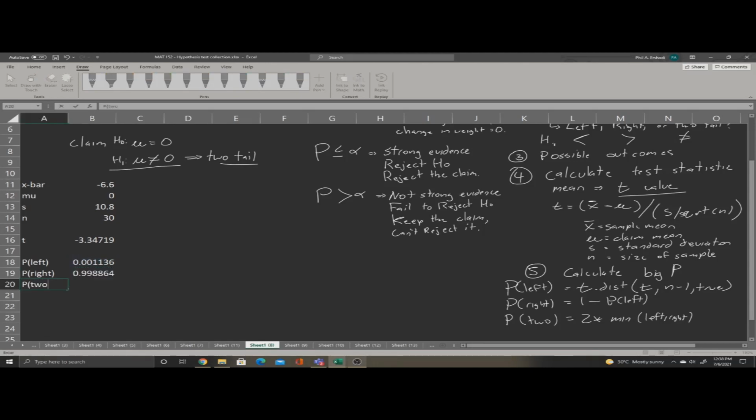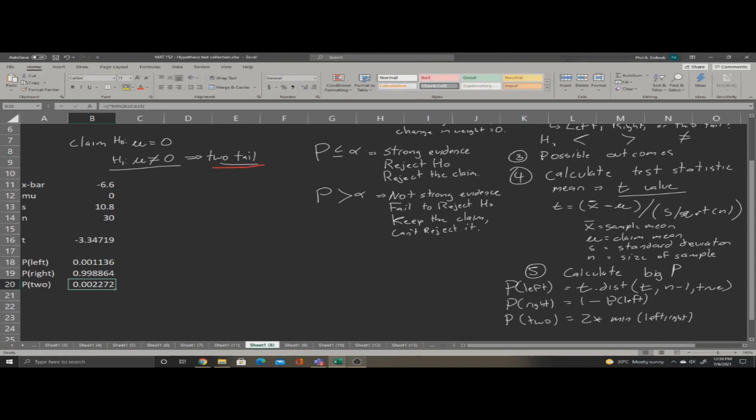And then to calculate the two tail, we'll take equals 2 multiplied by whichever of the left or the right is lower. We say times MIN and select the left and the right. When we press enter, we'll get our two-tailed p-value. Now, since this test was indeed two-tail, the two-tail answer will be our p-value for this question. We'll paint it gold.